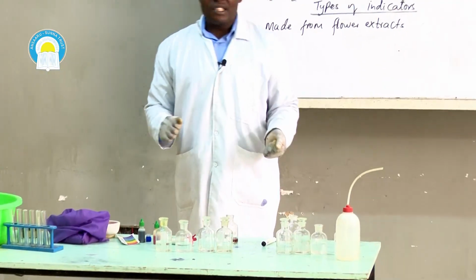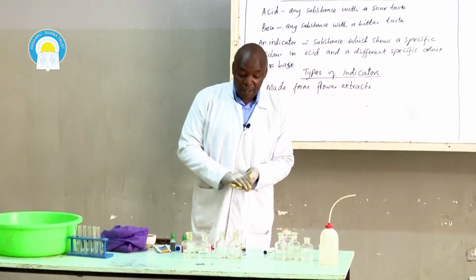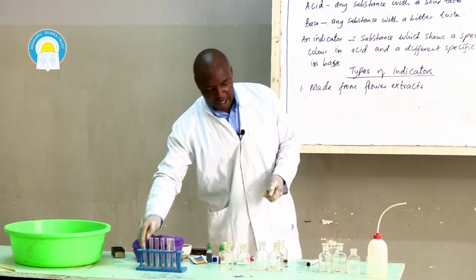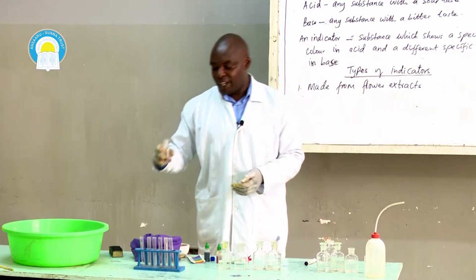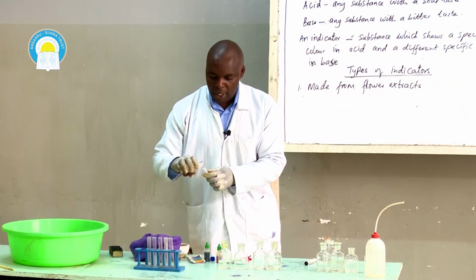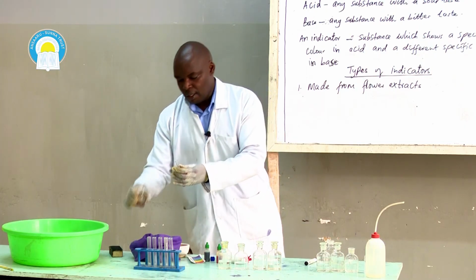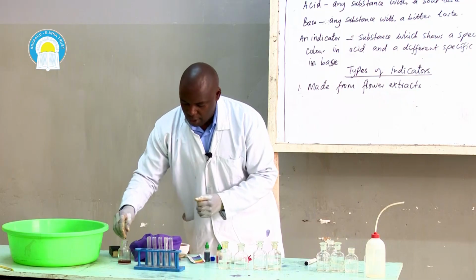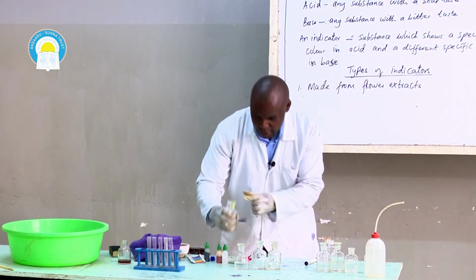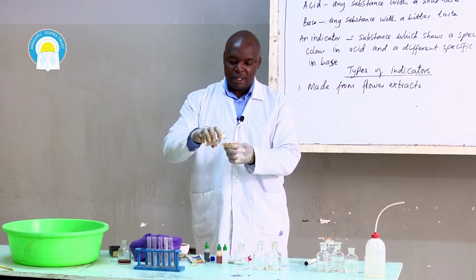Now, to prove that this is an indicator, I'm going to use various solutions of acid and various solutions of bases to see whether they will show a different color in acid and a different specific color in base. I put the acid first. Let me use hydrochloric acid. I'm going to use 2 acids and 2 bases in each case.